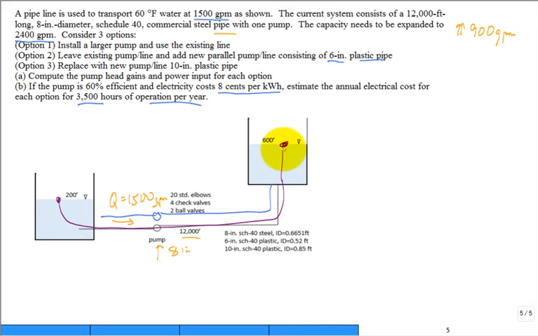And how would you want to write it? Energy per unit volume, energy per unit mass, energy per unit weight. Energy per unit mass is the one the textbook prefers, right?